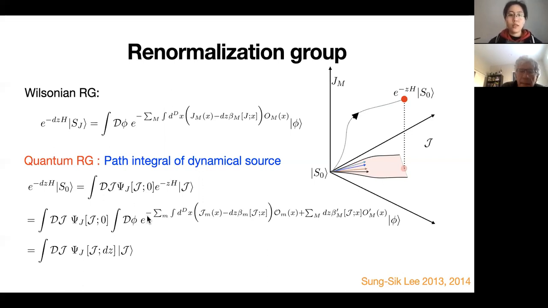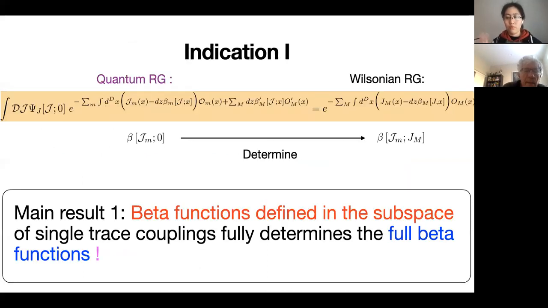The identity between one step of Wilsonian RG and quantum RG has two very important implications.